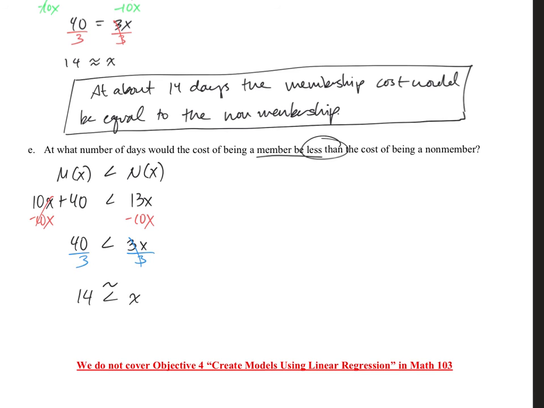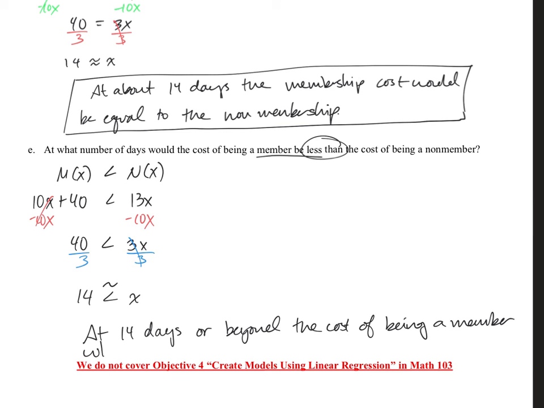So my answer would be, at what number of days would the cost of being a member be less than? So at 14 days or beyond, the cost of being a member will be cheaper than being a non-member.